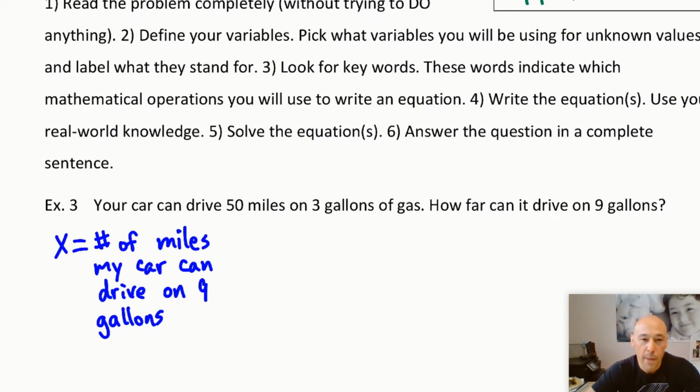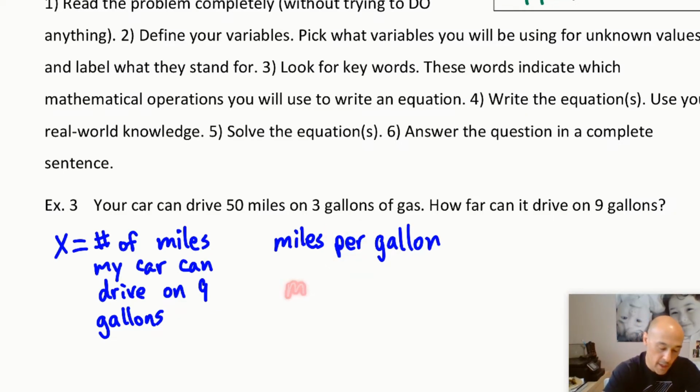When we think about miles and gallons and cars, we have to use something that we hopefully know about, and that's this idea of miles per gallon. Now, miles per gallon has this key word in it, per, which means we're talking about a fraction.